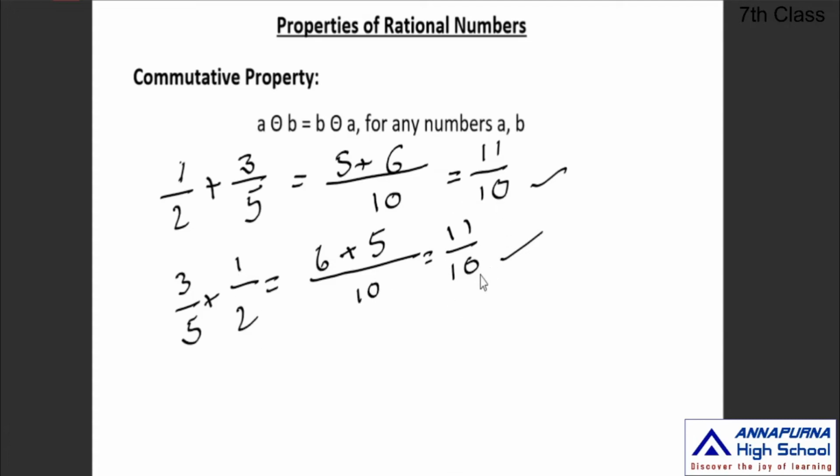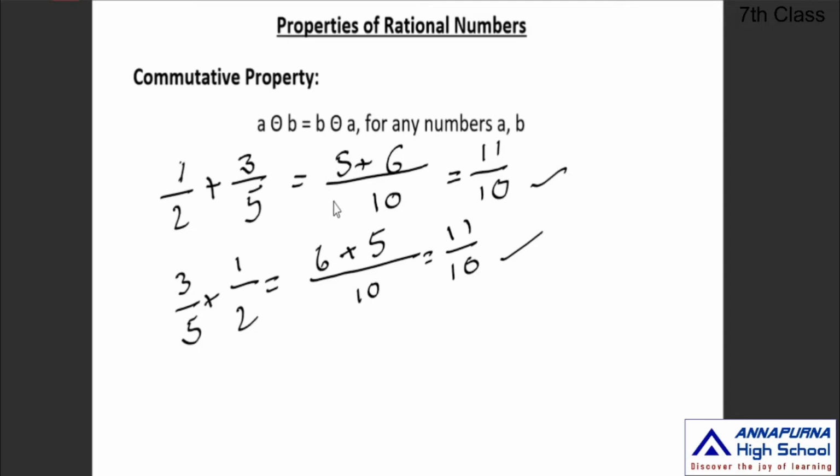You get the same result. Not only for these two rational numbers: when you take any two rational numbers and apply the addition operation between them, there is no doubt we get the same result. That means the collection of rational numbers satisfies the commutative property with respect to the addition operation.